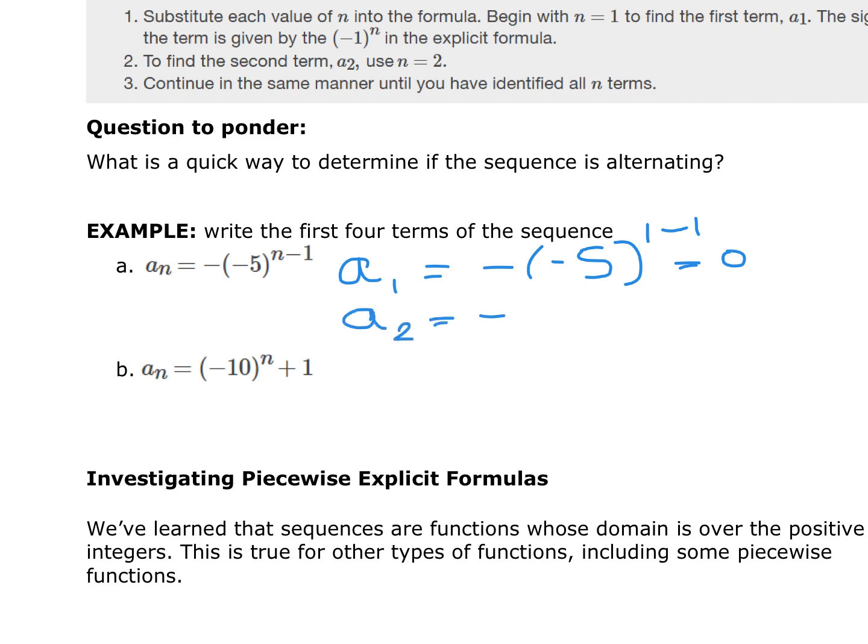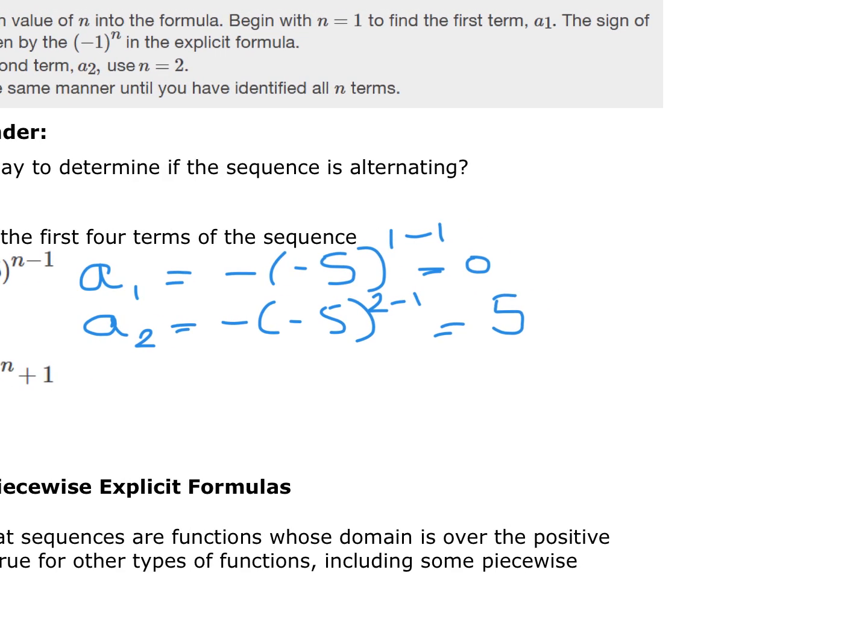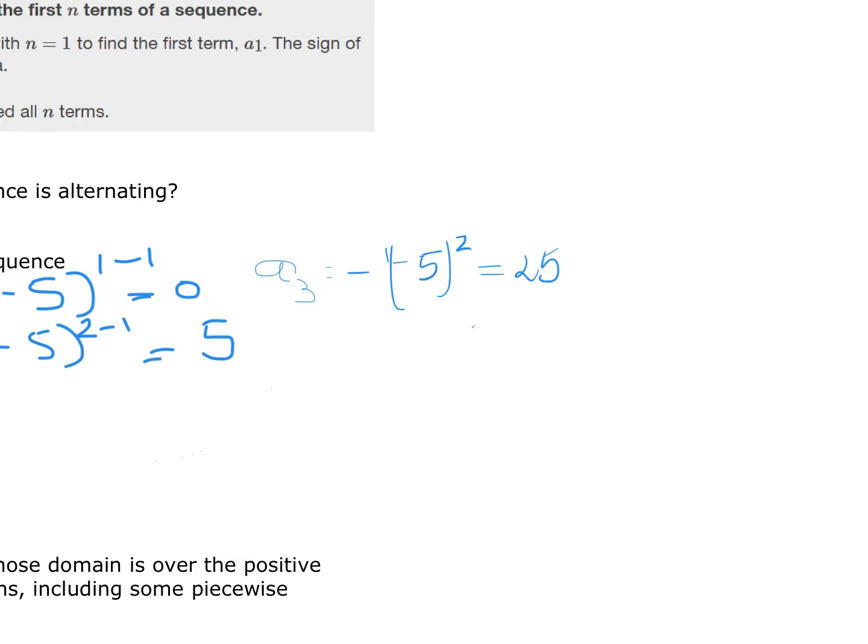And so I have negative 5 raised to the 2 minus 1. Well, 2 minus 1 is 1, so it's a negative 5. Negative 5 times that negative 1 out front gives me a positive 5. My next one would be a sub 3. And so my a sub 3 is going to be negative 5 raised to the 2, which is a positive 25, and the negative out front will make this a negative 25.